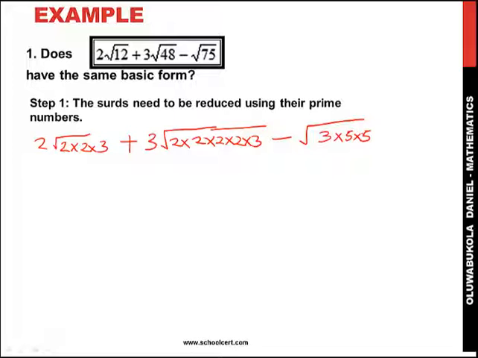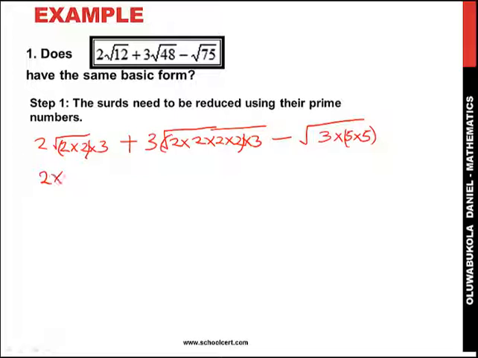So from these, you will see that 2 times 2 can actually be resolved further. This can also be resolved further, and this can also be resolved further. So the ones I have actually put in the brackets can be simplified further and brought outside the square root. So we will then bring these ones outside the square root at this particular point in time, since we know their root.